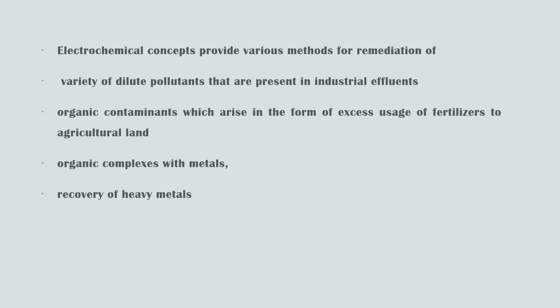These electrochemical concepts provide various methods for remediation of a variety of dilute pollutants or organic contaminants that are coming from agricultural land, which have been added to the agricultural soil in the form of fertilizers and organic complexes with metals, and recovery of heavy metals.